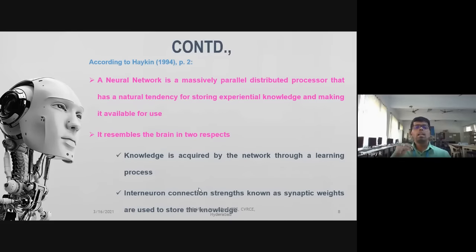It resembles the brain in two aspects. One is that knowledge is acquired by the network through a learning process. This artificial neural network also will learn.